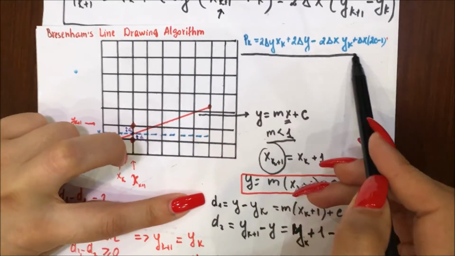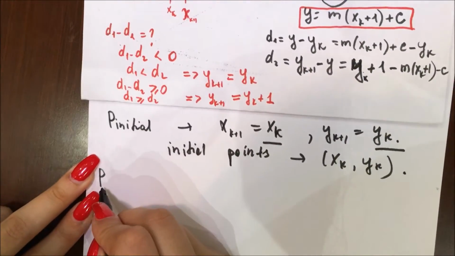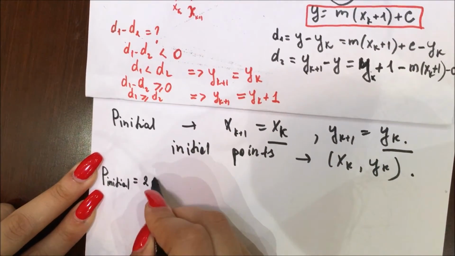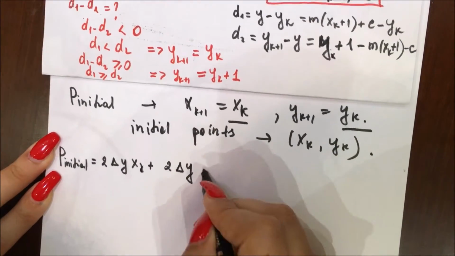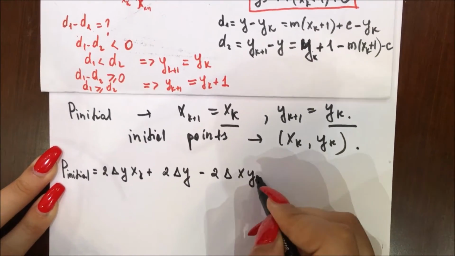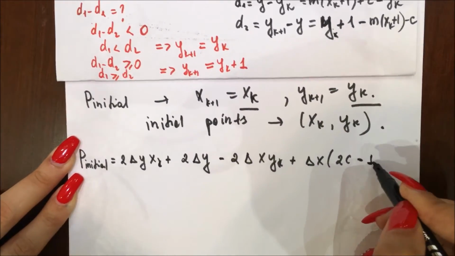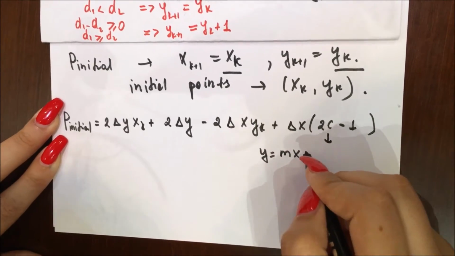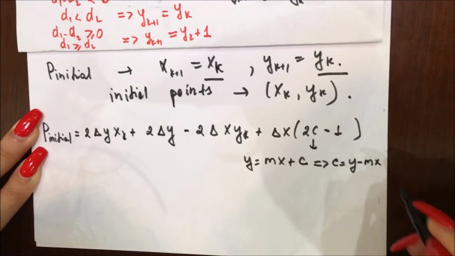Just to remind you, I'm going to show you. P initial equals 2 delta y xk plus 2 delta y minus 2 delta x yk plus delta x (2c minus 1). Here we can replace c with y minus mx.